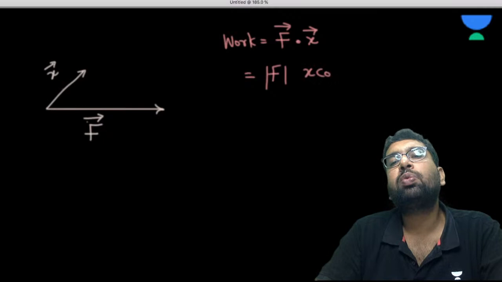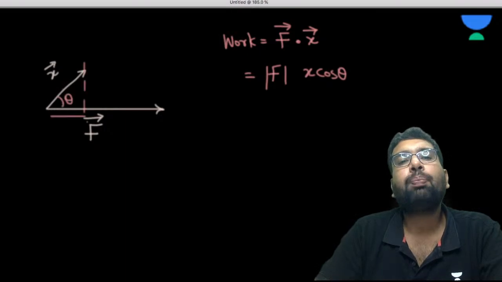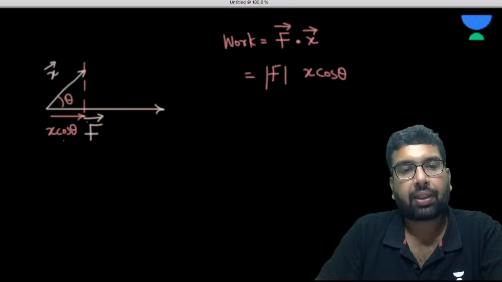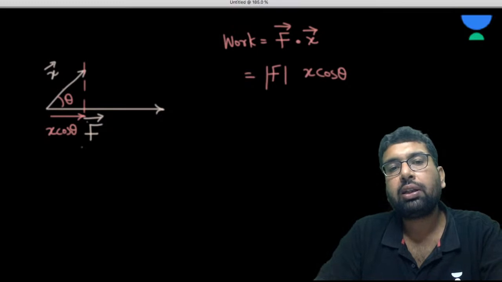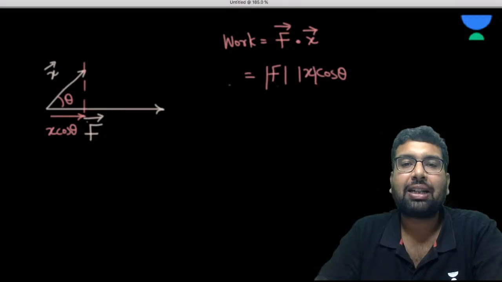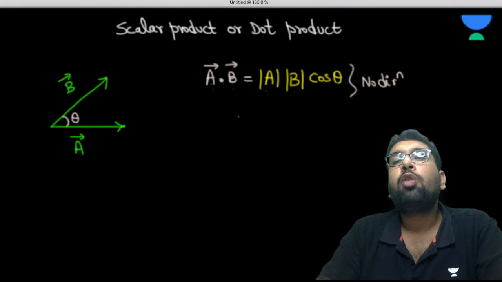What is the magnitude of displacement in the direction of force? We know this is x, and if this angle is theta, the component of this in the direction of F is x cos theta. So this is the magnitude of F, this is the magnitude of x, and this is cos theta. Basically, we are using only the magnitudes to get the scalar product.